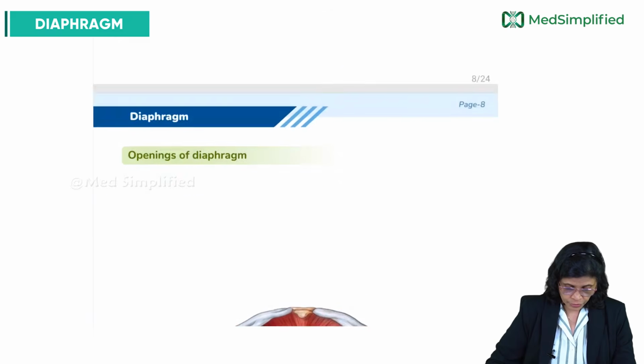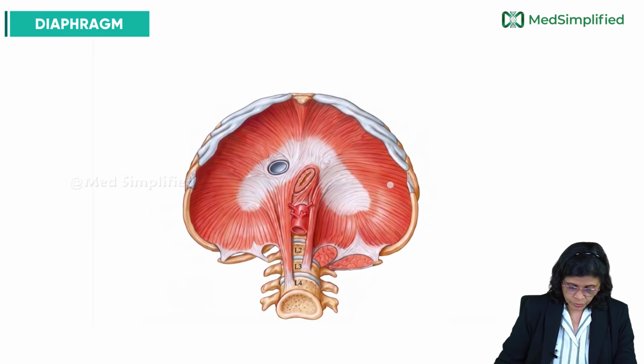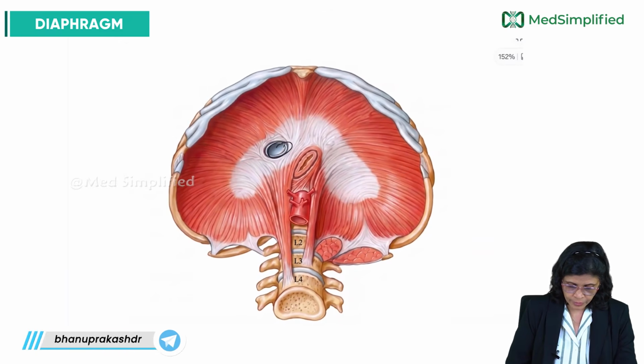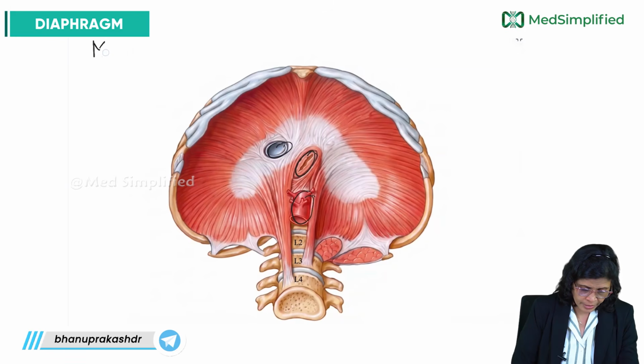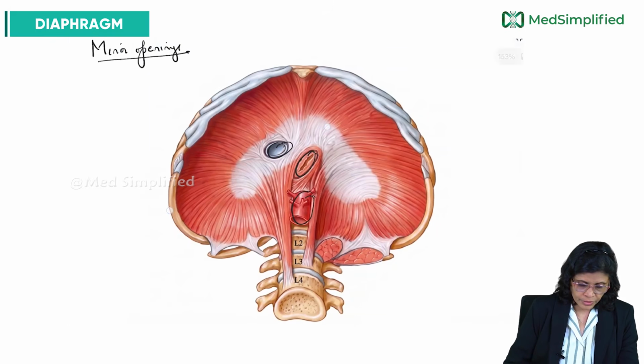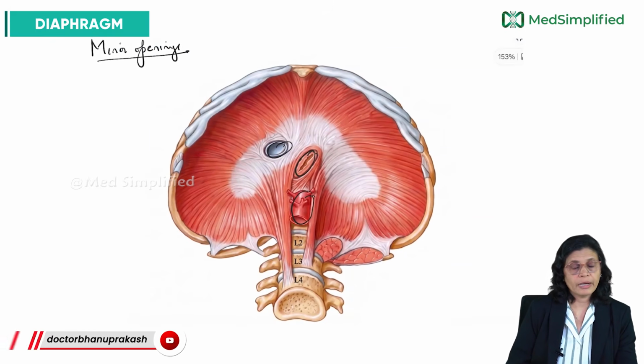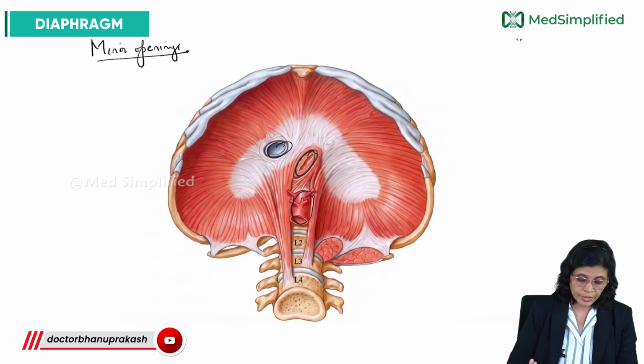Coming to the minor openings, here we can see the vena cava opening, the esophageal opening and the abdominal aorta opening. Which are the minor openings? These are usually unnamed minor openings, they don't have names. Whatever structures pass through, those are the openings.